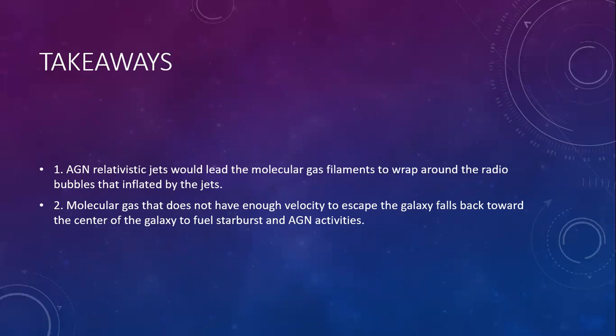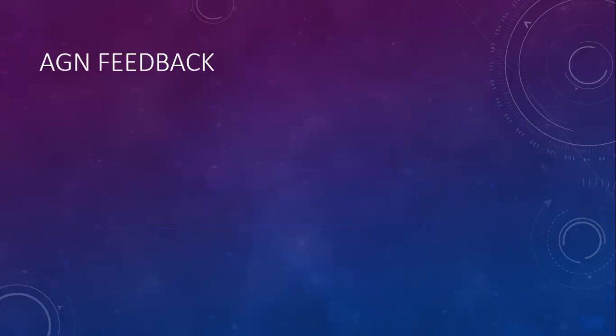So, to further visualize the entire mechanism, I will directly draw on my screen so that you can see the self-regulation process. So first of all, there is a great amount of cold molecular gas at the center of the galaxy.